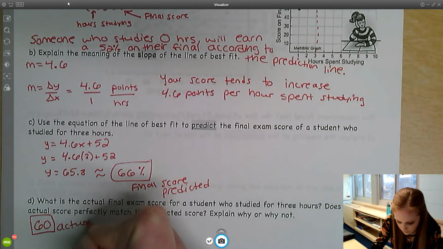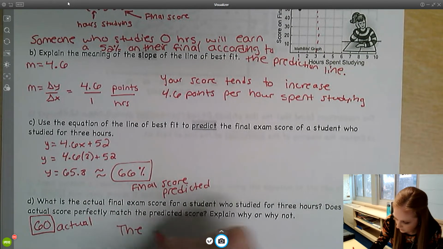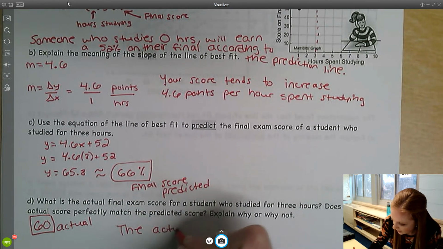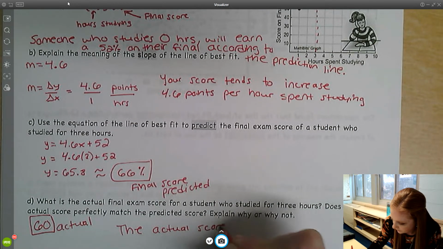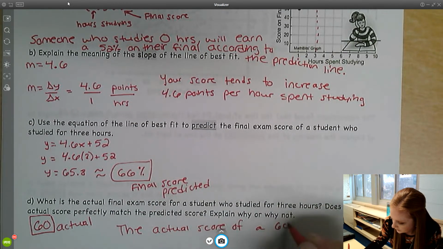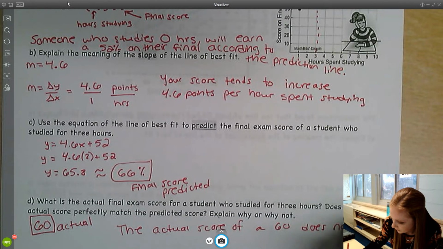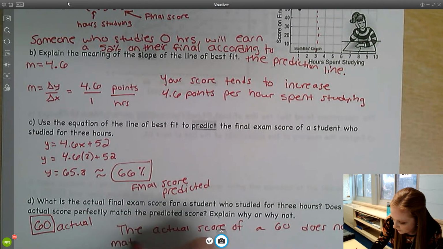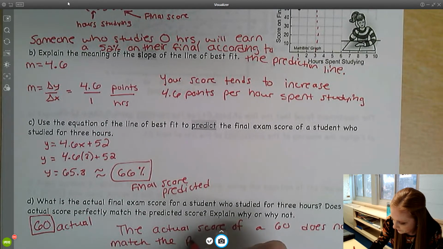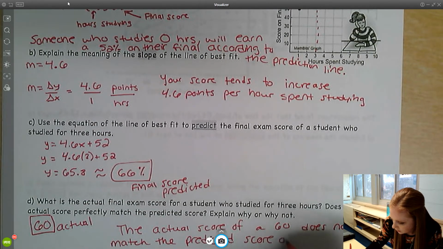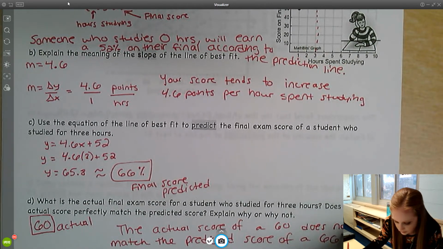No. The actual score of a 60 does not match the predicted score of a 66. So why?